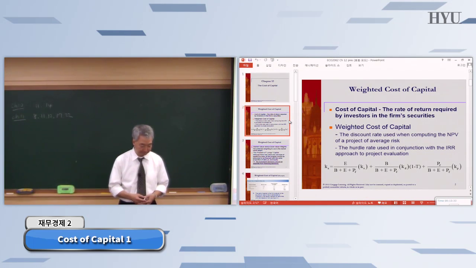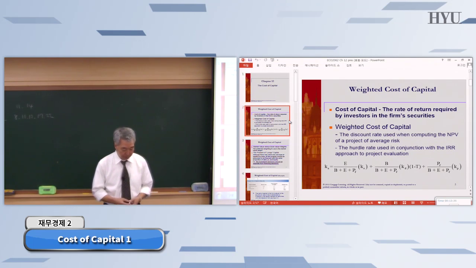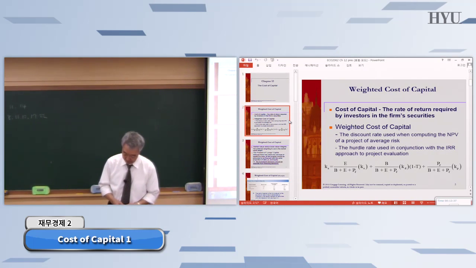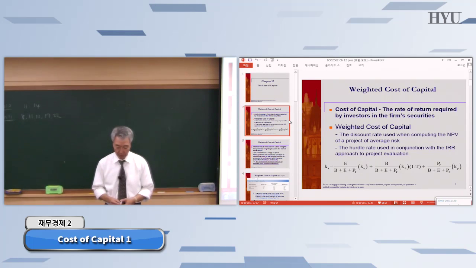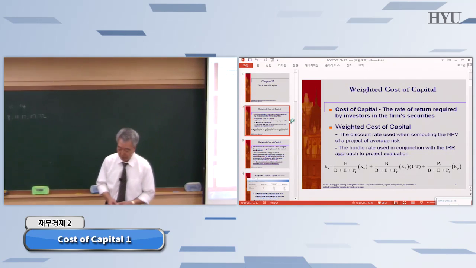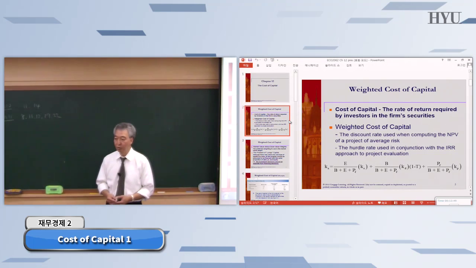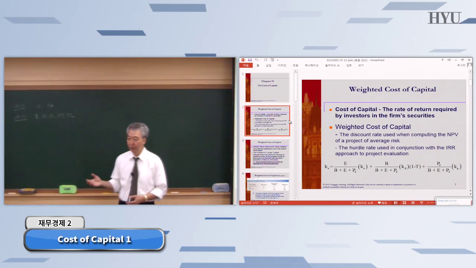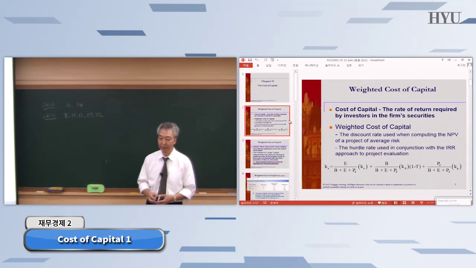Okay? All right. So cost of capital is the rate of return required by investors in the firm's securities. Well, this is a slightly different definition from what I've just mentioned, right? I told you that the cost of capital refers to the cost to the company when they issue new securities, right?